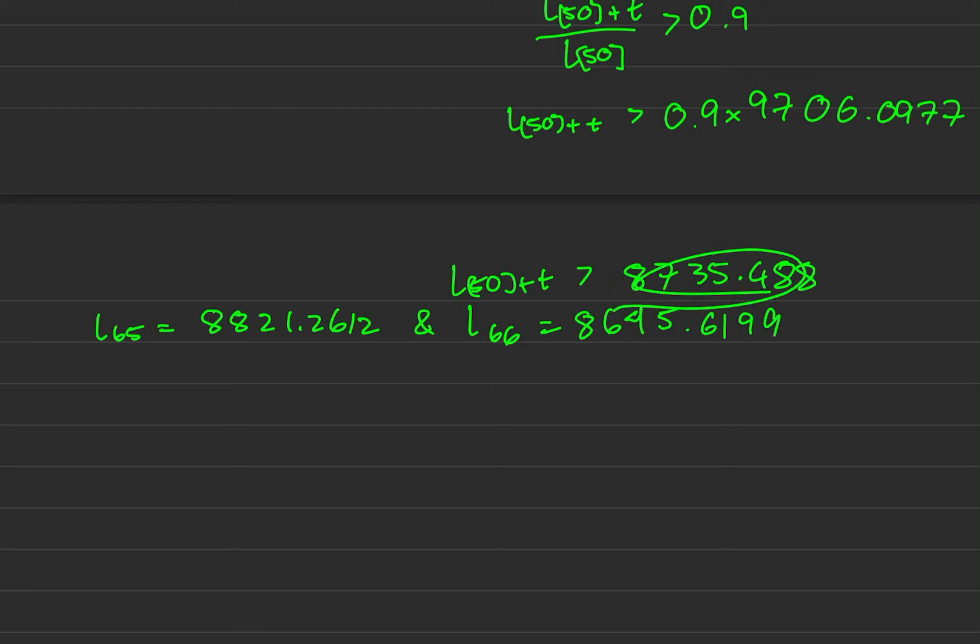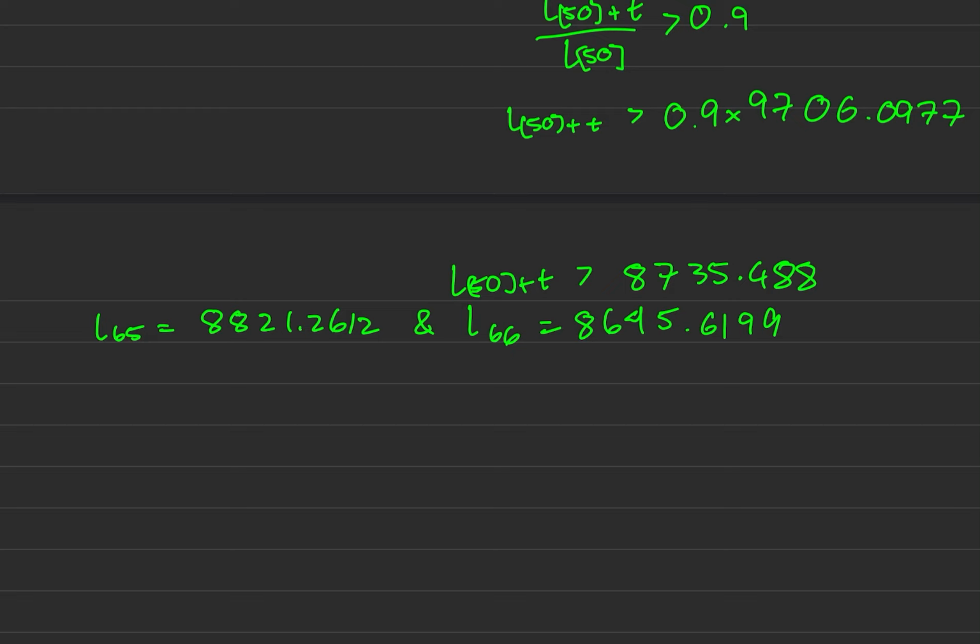Okay, 8735 sits between these two values. So all I did was I knew that L50 plus t must be greater than that. And I went to look in my life table and saw between which two L's this sits, and it sits between these two. So the important thing here now becomes the 66 and the 65. It sits between those two.